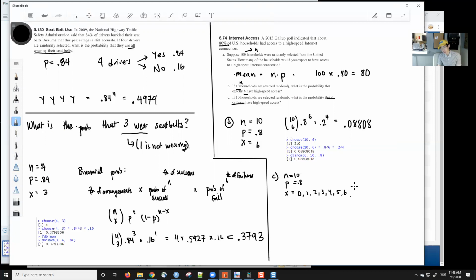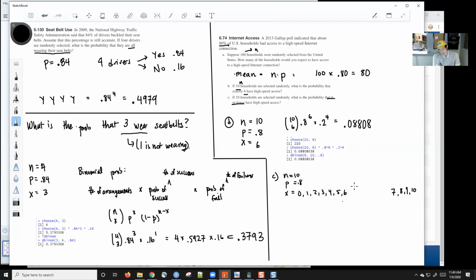I have 7 numbers to add up here. I might be able to reduce it a little by doing 1 minus the probability that 7 or more, which is 7, 8, 9, 10. In either case, I've got 4 of these numbers to calculate.